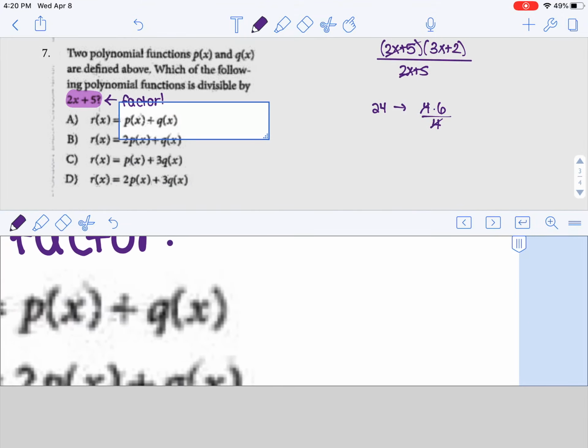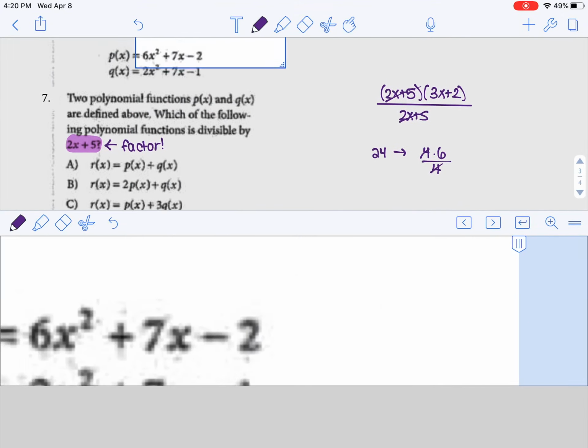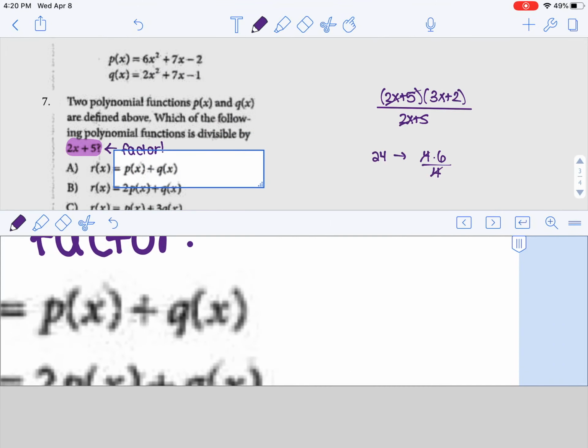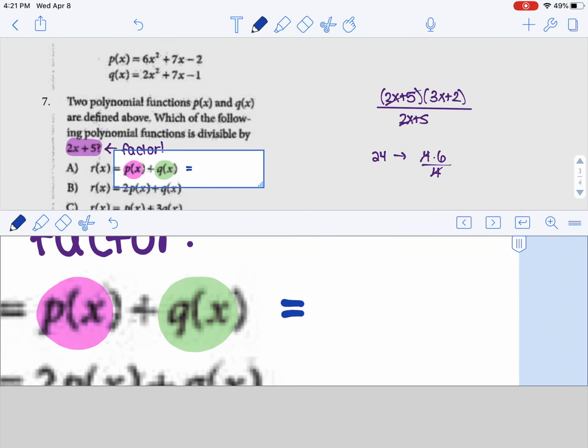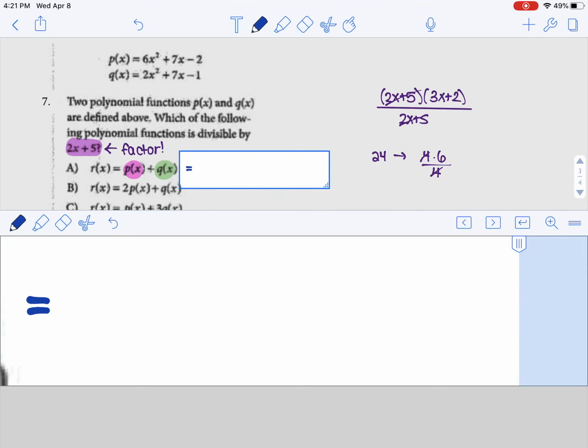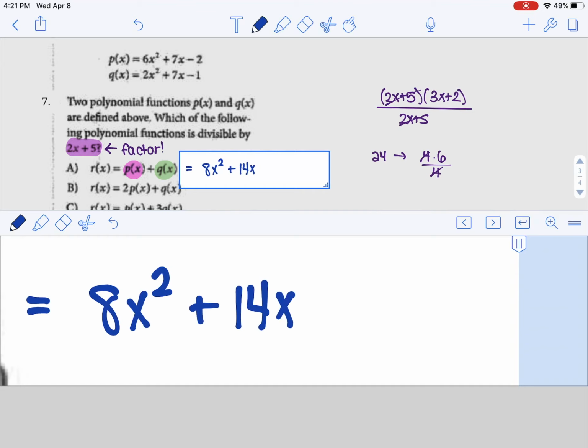So what you would do then is take those original equations up there, and first perform the polynomial operation. So here I would add function p with function q. Whatever I get as my final answer, I think you'd end up with 8x squared plus 14x minus 3 if you add those. Then try to factor it.